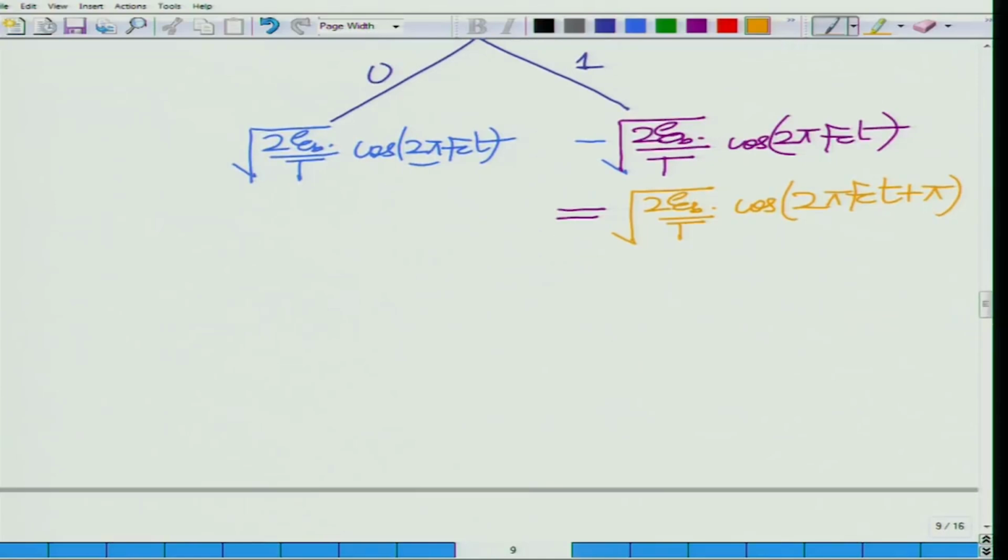So, if you look at the waveform for bit 1, it is similar to the waveform of bit 0, except that it is shifted by a phase of pi. So, in this digital modulation scheme, the waveforms of each of the bits are shifted from that of the other by a phase of pi.